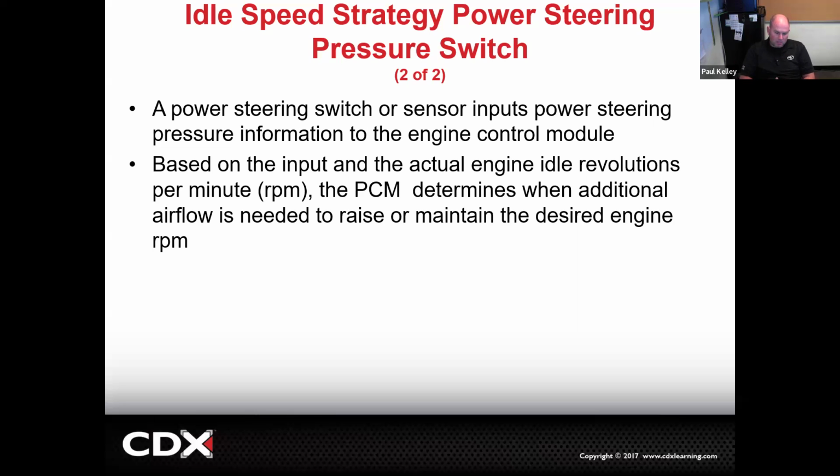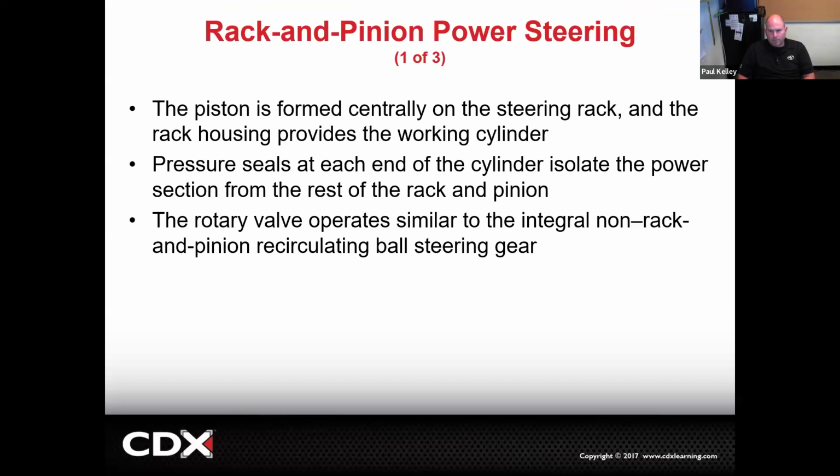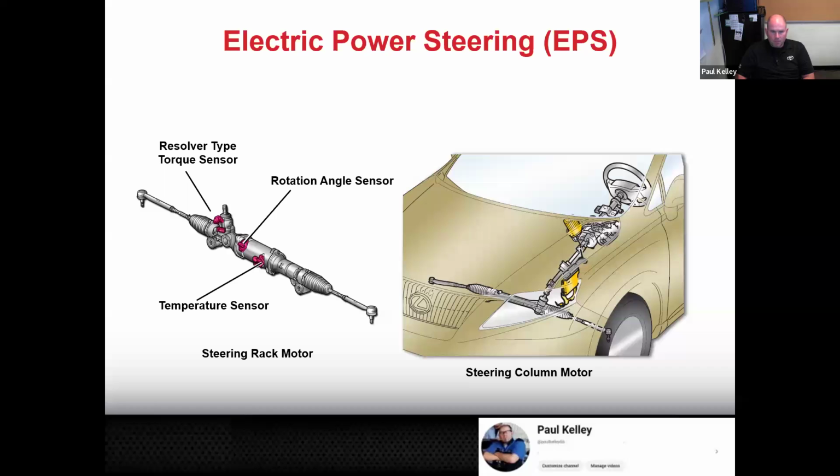If it grounds, that means it's high pressure. Bump the idle up. If it doesn't ground, don't bump the idle up. Cool, simple. Okay, and then this kind of talked a little bit more about the control valve. They may also call a rotary valve, but control valve and rotary valve are going to do a very similar job. Now let's jump into EPS.